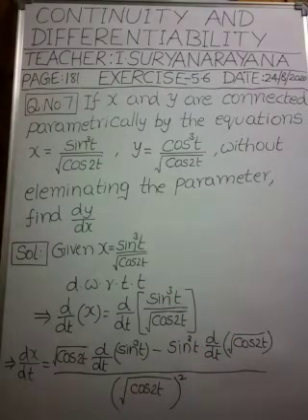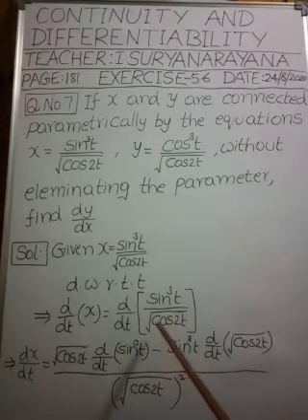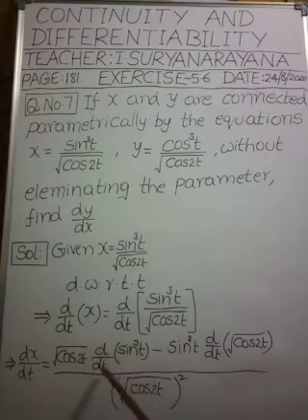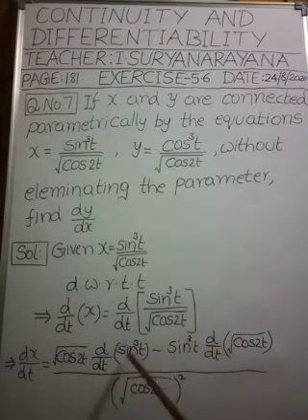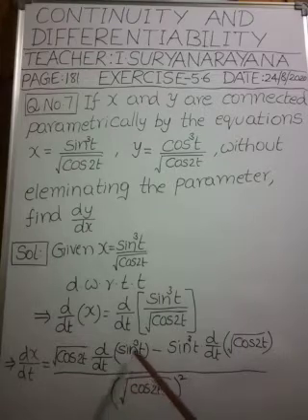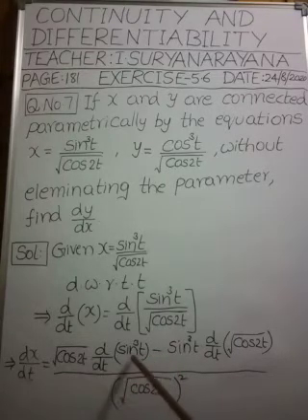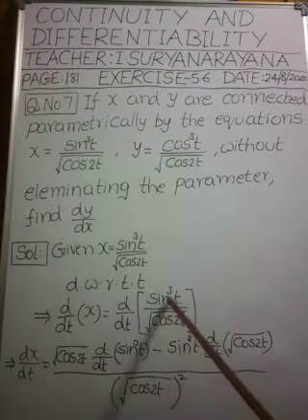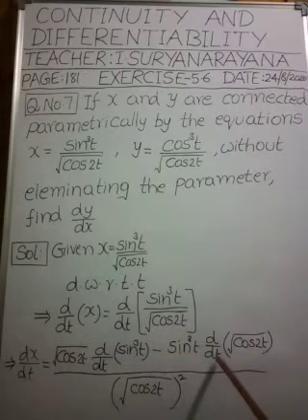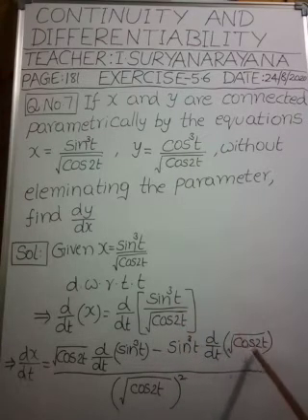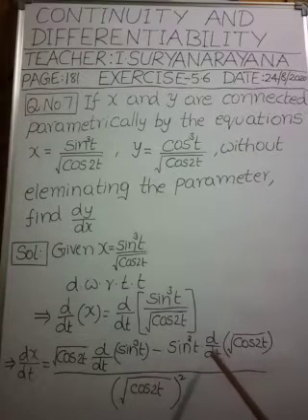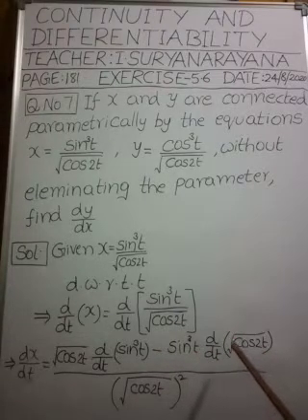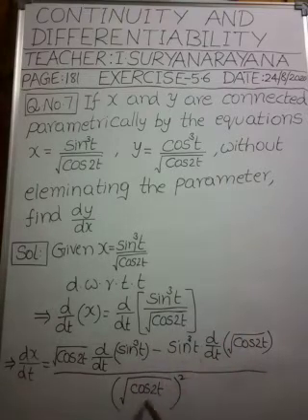Do you remember the quotient rule formula, my children? Yes. G of x, that is square root of cos 2t, into d by dt of sin cube t, meaning d by dx of f of x, minus f of x, meaning the numerator sin cube t, into d by dt of the denominator square root of cos 2t, whole divided by g of x whole square, meaning denominator whole square.